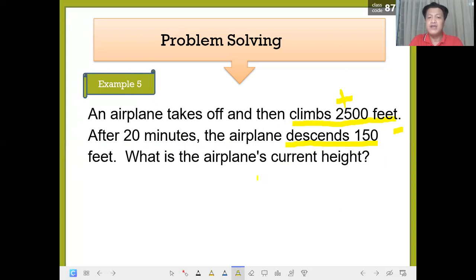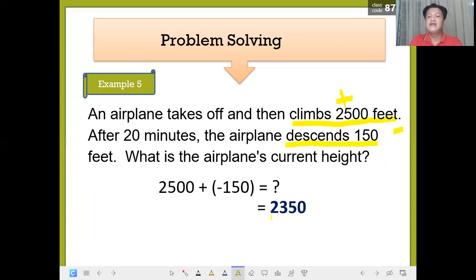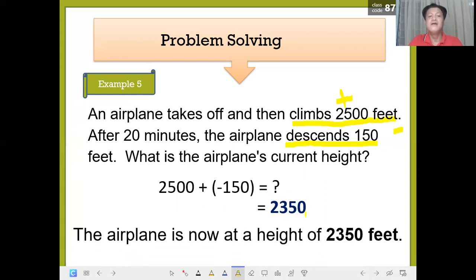So with that, kukunin natin yung carrying height. So the representation of the operation will be 2,500 plus negative 150. Kaya nga, pag in-add natin yan, different signs sila, di ba? Kaya the answer is 2,350. Meaning to say, the airplane now is at height of 2,350 feet.